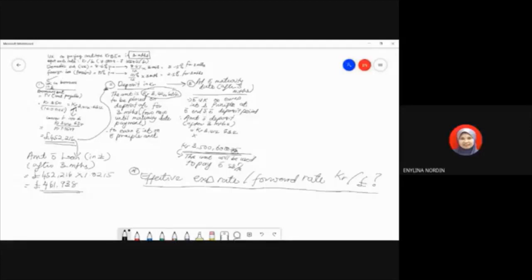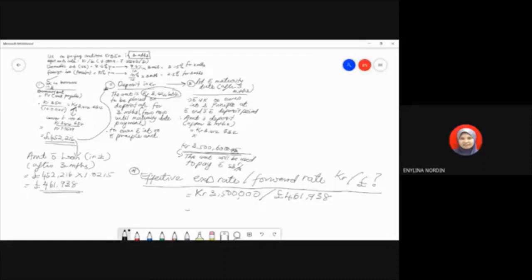By taking the amount of deposit after 3 months, that is the amount of payment that you make to your supplier using the deposit available in the deposit account, which is 3.5 million kroner, and you divide by the loan amount after 3 months in pound, which is 461,938.